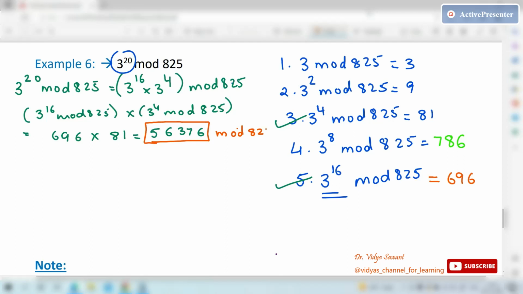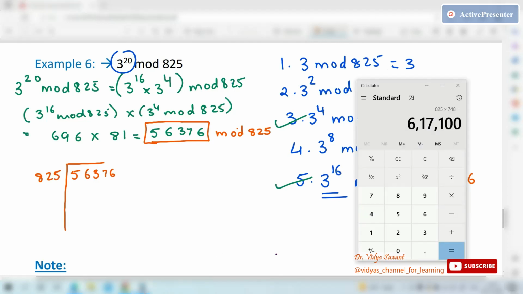Therefore, you are supposed to do modular arithmetic here, that is you have to do mod 825. Now how do you do mod 825 calculation here? You take this number 56376 divided by 825. I'll repeat the steps again so that you get a hold of the technique.